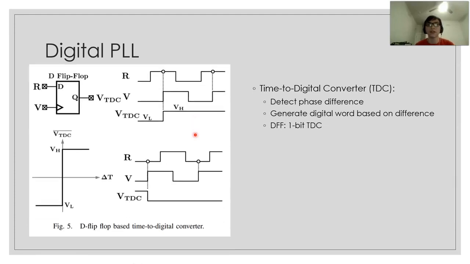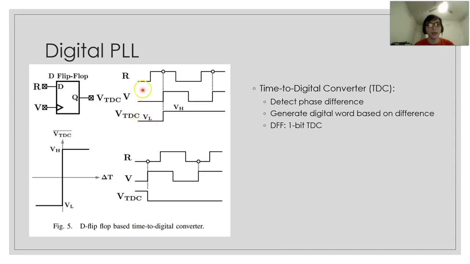Instead of outputting an analog signal, it generates a digital word based on the difference in phase and frequency of the input signal. The basic implementation would be using a D flip-flop, with two inputs, the reference and the output feedback signal right here.